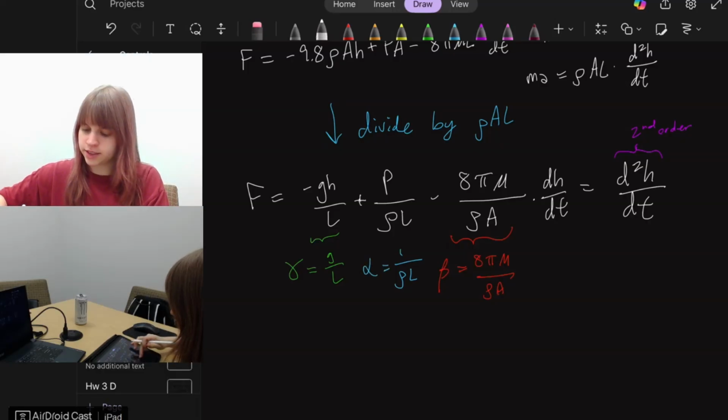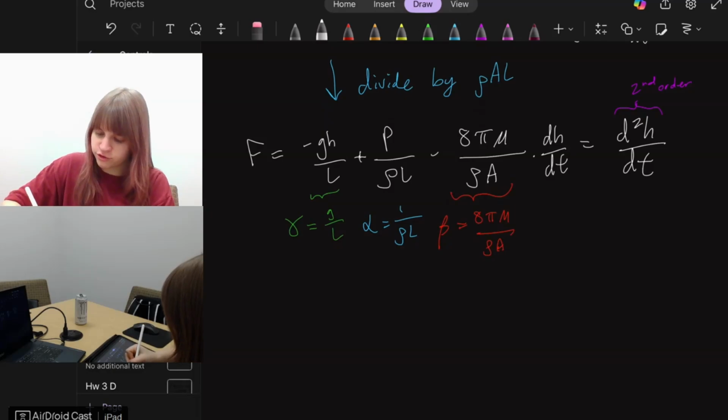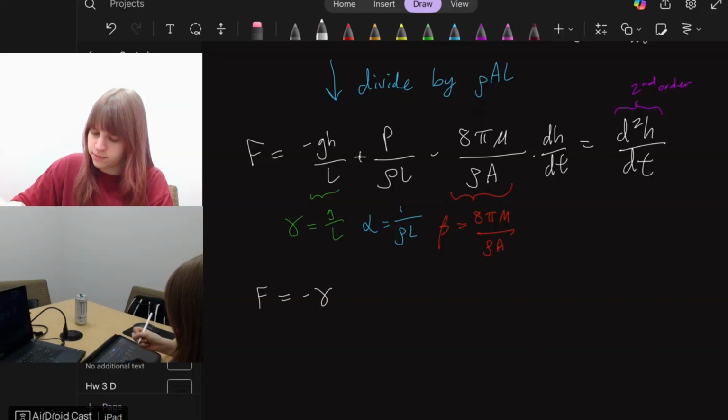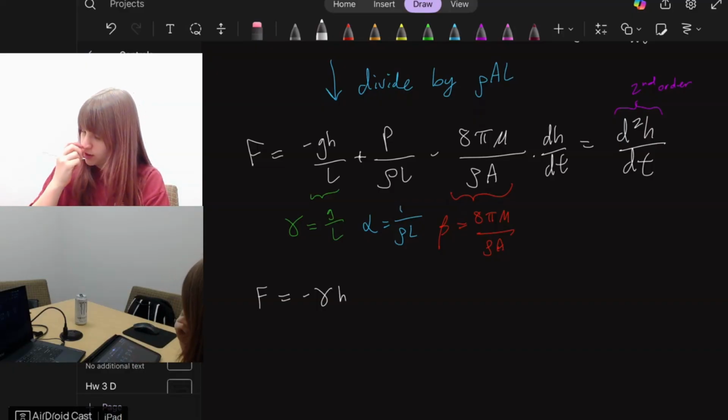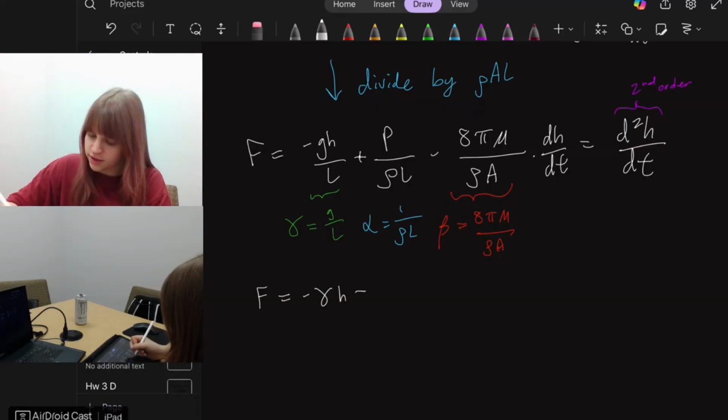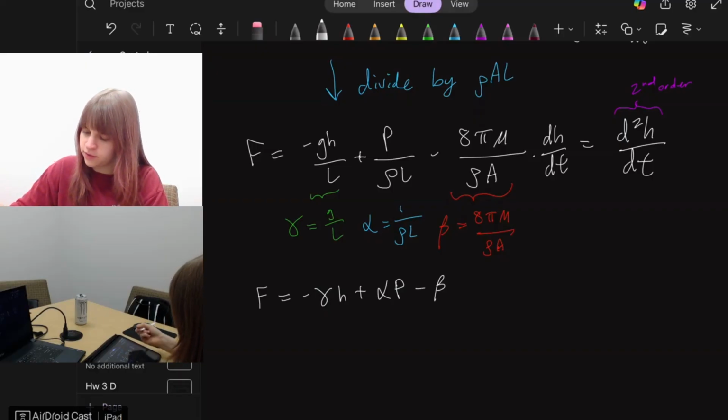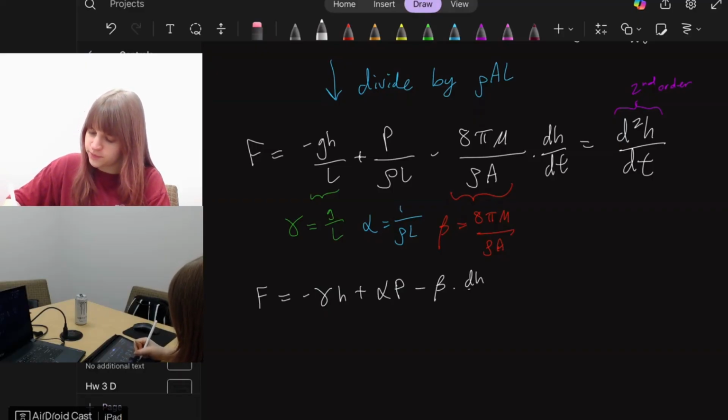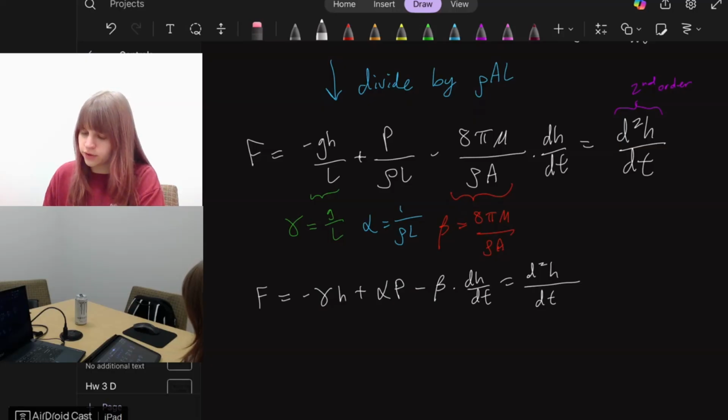And I'm going to go ahead and rewrite this with those terms. So we have F is equal to this right here times H, and we're going to add our alpha times pressure, subtract beta dH dt, and set that equal to that second order derivative on the right hand side.